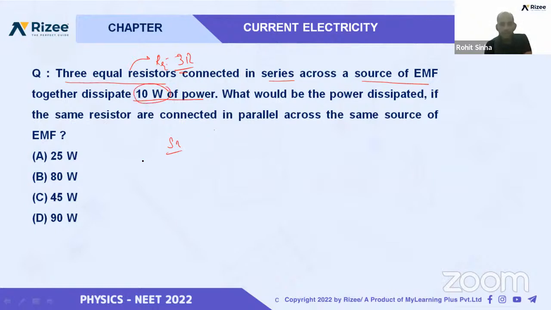Now, what will be the power dissipated when they are connected in parallel? Then R equivalent will be R by 3. Now we know one more thing: how power is related to voltage. You see here, they are connected to the same source.